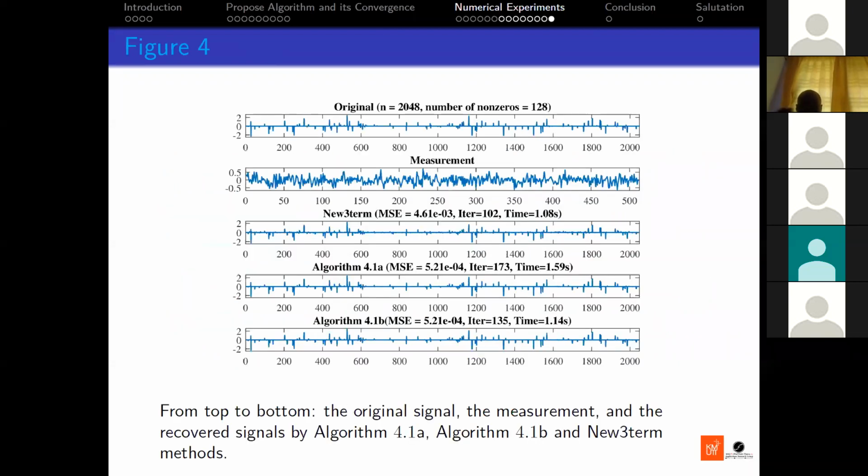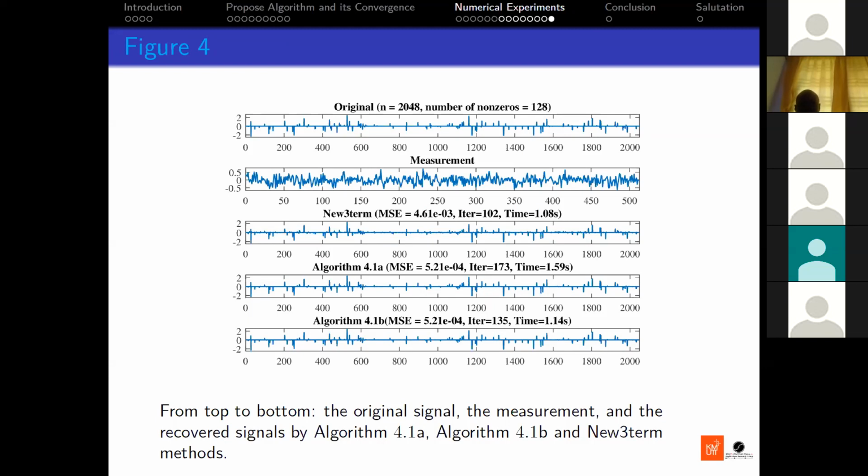Now here is the summary of the experiment, one of the graphs. From this graph, at the top we have the original signal, and the second one is the noisy signal. So we consider the three algorithms to recover this noisy signal back to the original. You can see in the last three figures, all the algorithms are able to recover the signal, with the mean squared error, the iterations, and the time given.